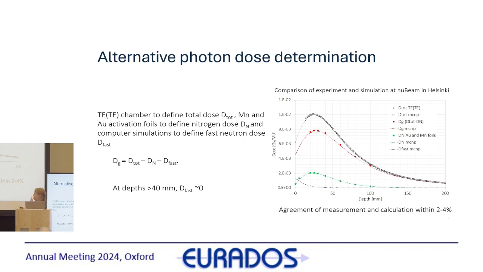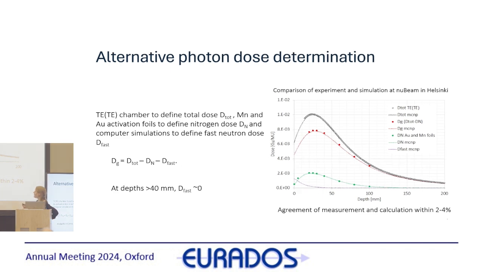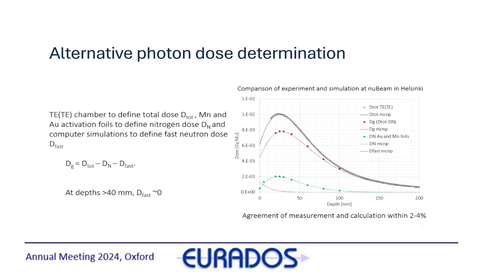Here I have plotted depth dose curves, measured and calculated in Helsinki. The highest dose here is the T chamber measurement dose, the total dose to muscle without boron. Calculated and simulated, pretty good agreement. And this green curve is the nitrogen dose.